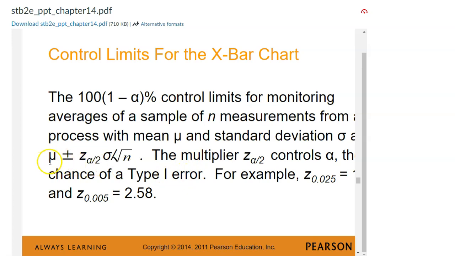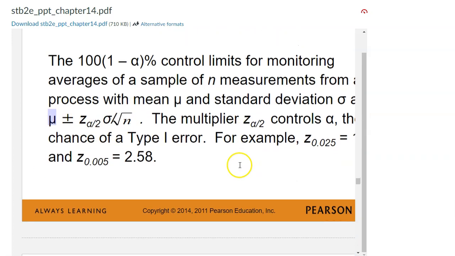If you have normally distributed data, you had average plus or minus z. Z is the z value that tells you how many standard deviations you are away from the mean, right? Times sigma over radical n. If you go back to basic statistics, you probably remember this number right here.